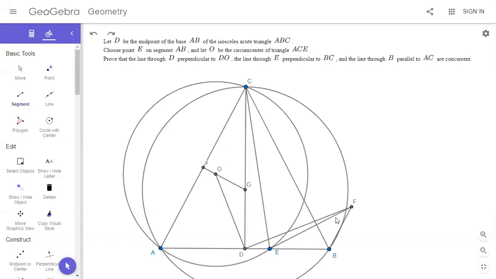So angle FEB is equal to angle BCD, right?